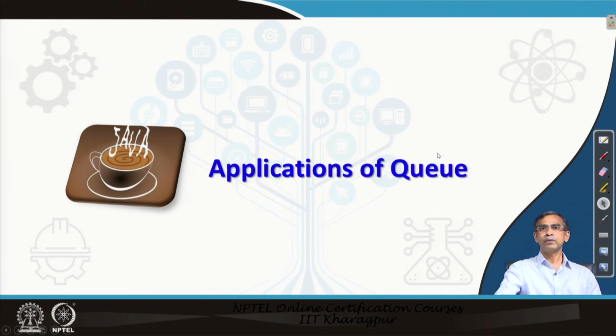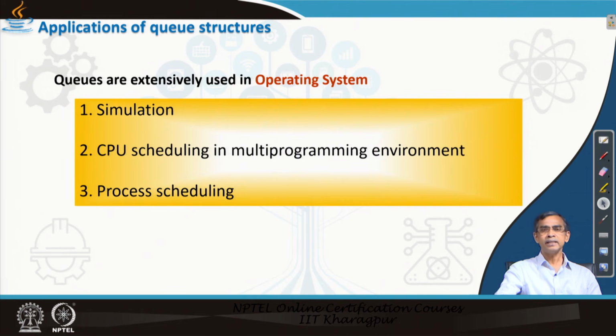Now let us come to the applications of queues. I will not discuss the details here, but there are many applications, basically for system-level programming: writing programs for a compiler, operating system, game design, window programming, or client-server computing. Simulation, very common in mathematical and research-oriented study, can use queues.